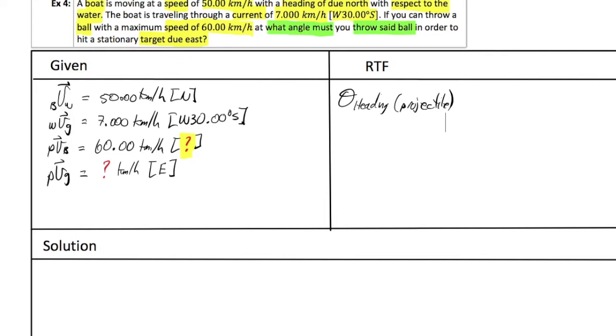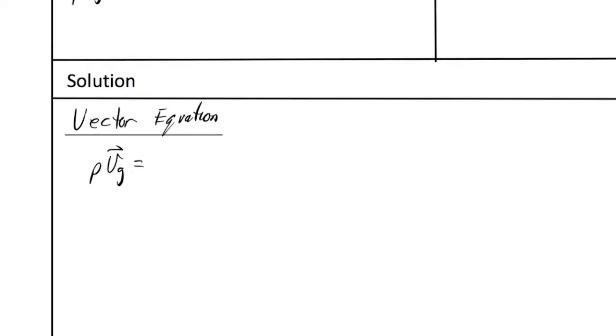Again, we always start with making the vector equation. The key thing is we have to remember which vector is our resultant, and our resultant in this case is the PVG. So let's start with our vector equation: PVG.